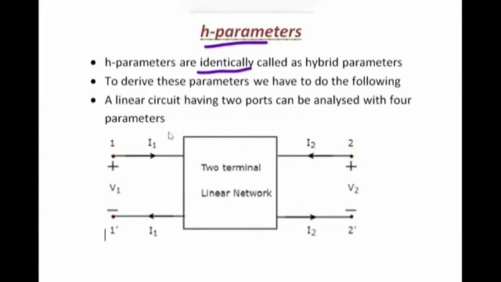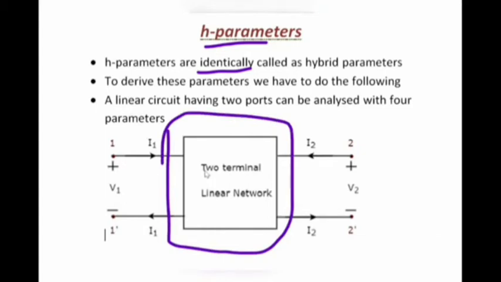If we think of this as a two-port network, which is a linear network, let it be thought of as some black box, which has I1 as the entering current at this input port, and I1 as the leaving current at this side. These two are equal, so this can be treated as one port.